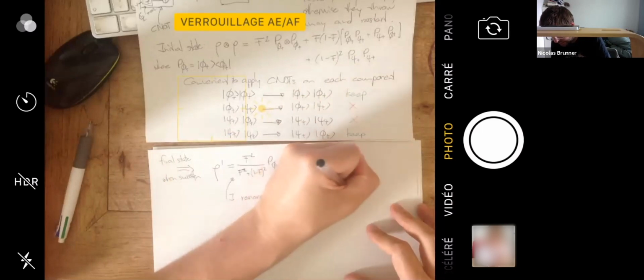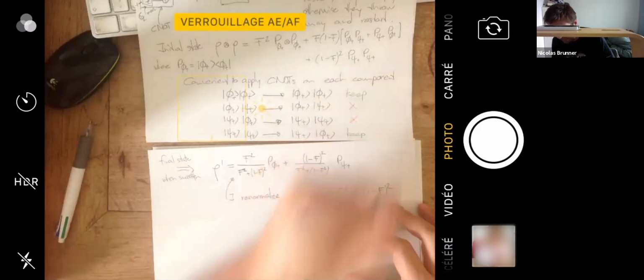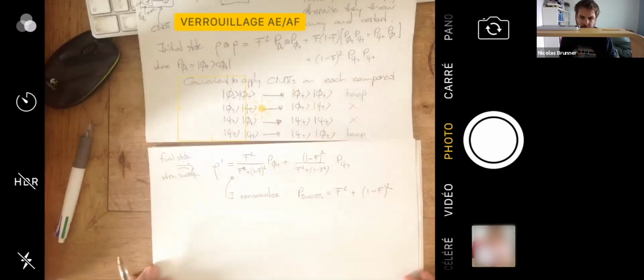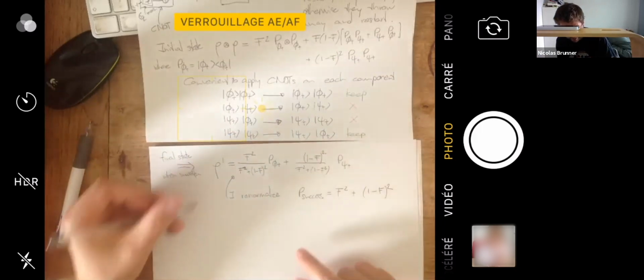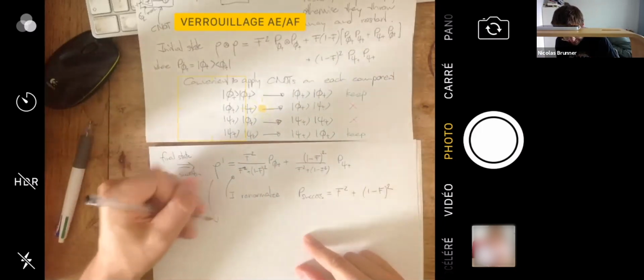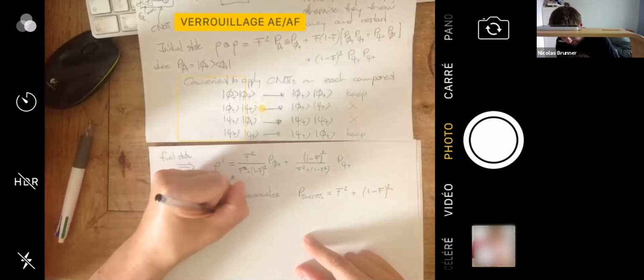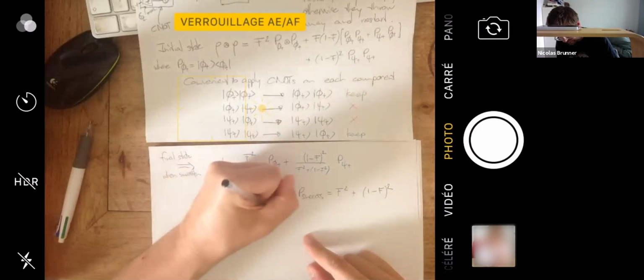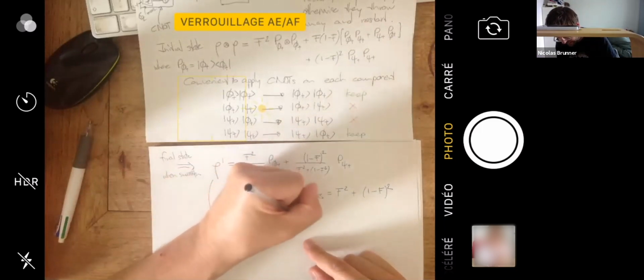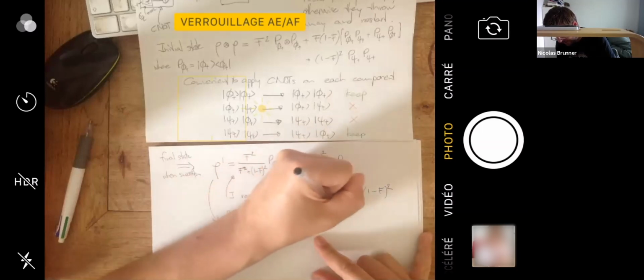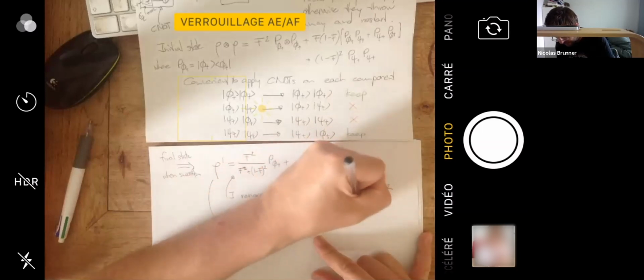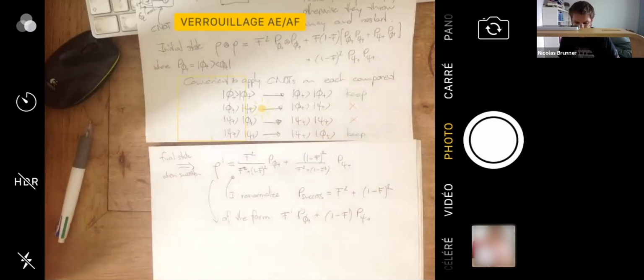This is f squared plus 1 minus f squared. Okay. So now I claim, so you see this thing is of the form f prime p phi plus 1 minus f prime p psi plus. So it's exactly of the same form as the initial state, as I claimed.